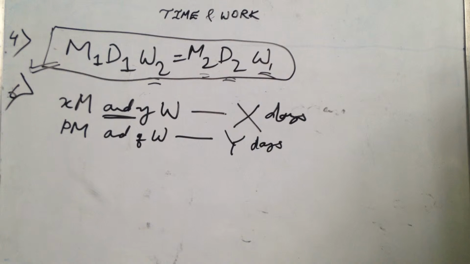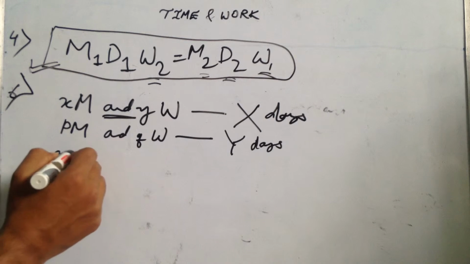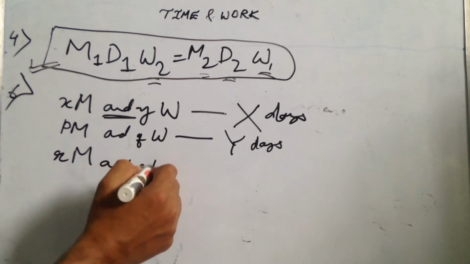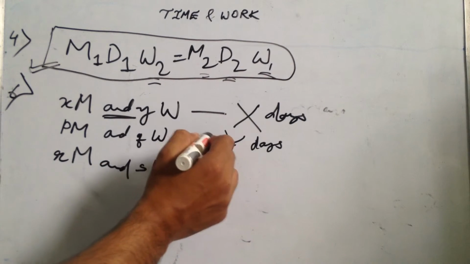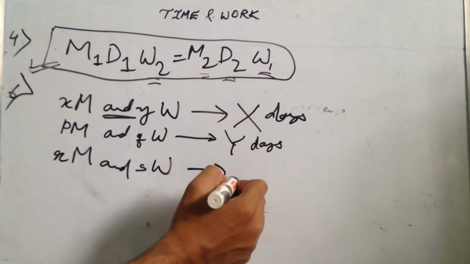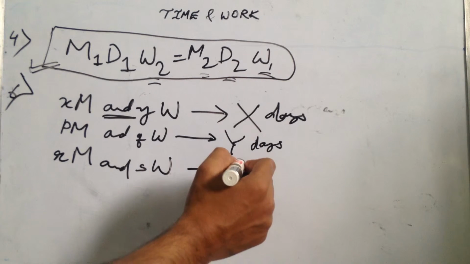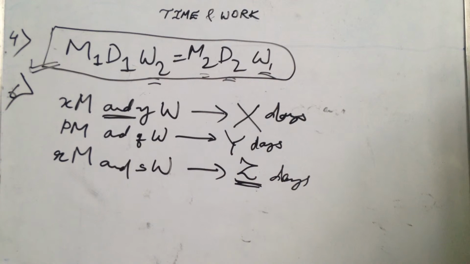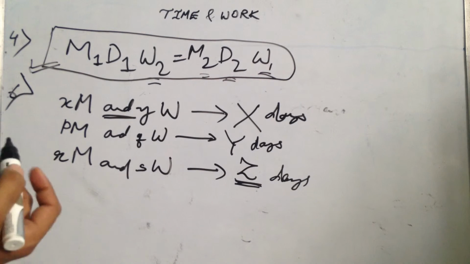Then we have to calculate how many days R men and S women will take to complete this. We have to find this Z. So for this type of problem, I'll show directly with an example how to solve it, so that will be good, I think.